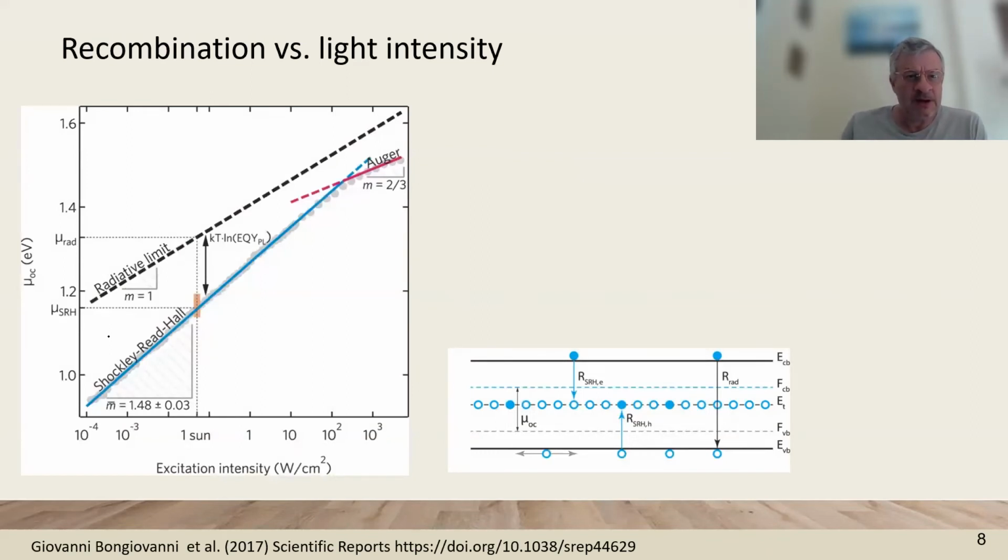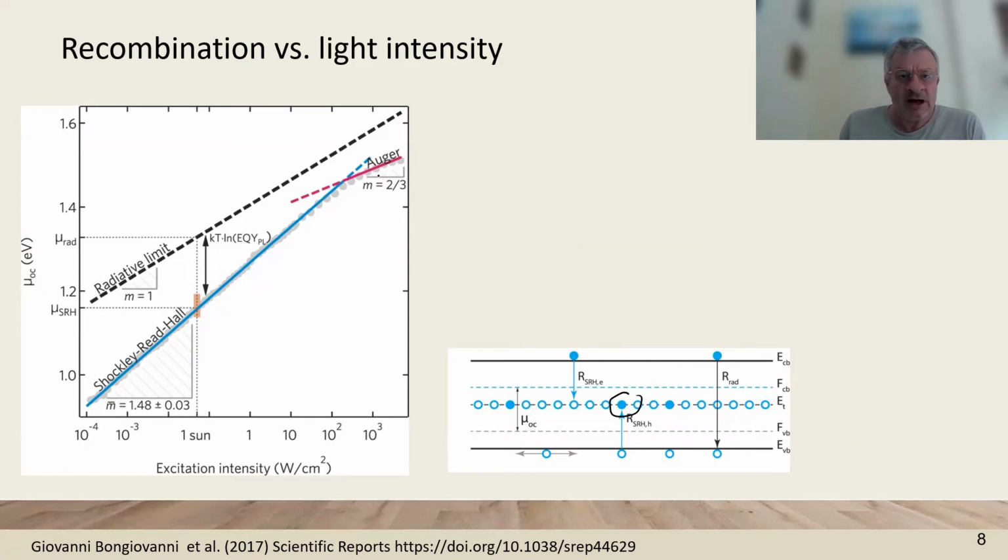And here we can see an example of the radiative limit. In this case, m equals 1. But if we include the mechanism of Shockley-Read-Hall, then this is going to change the number m. It is about 1.5.